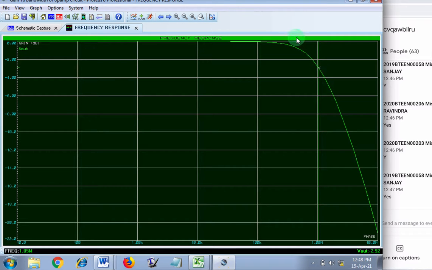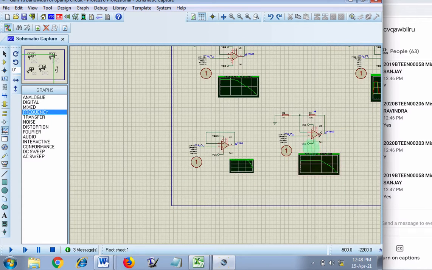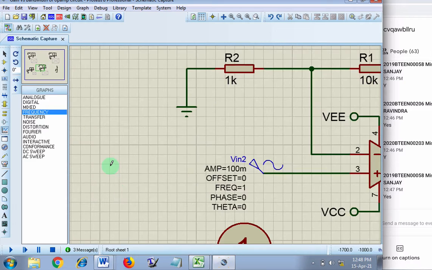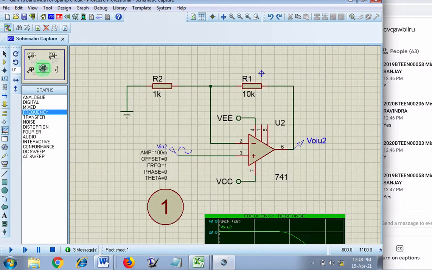Okay, now we will go to one more circuit. Whatever I am showing now, what is the name of the circuit?